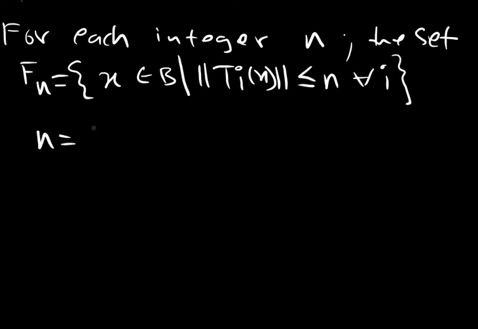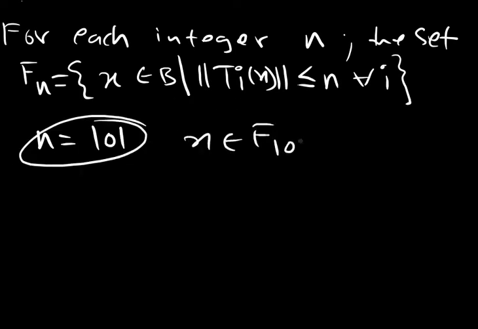If x belongs to F101, what does that mean? For simplicity, let's consider a countable family, with i equal to 1, 2, 3.